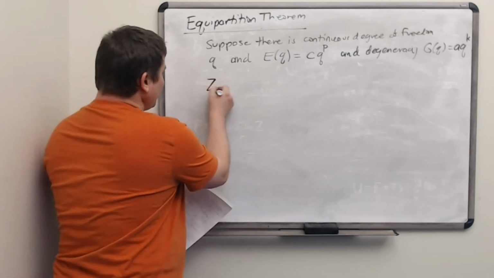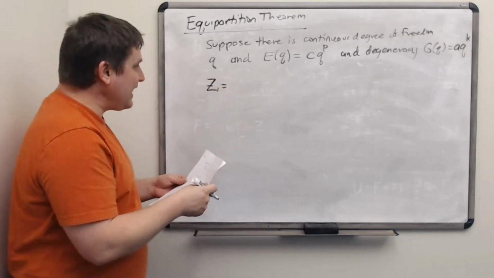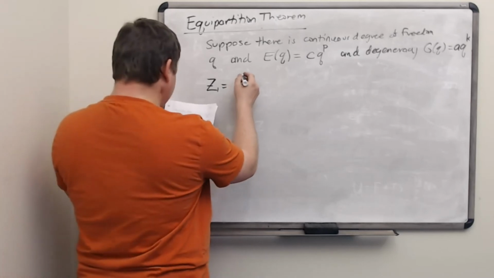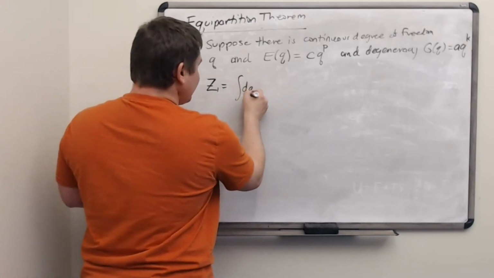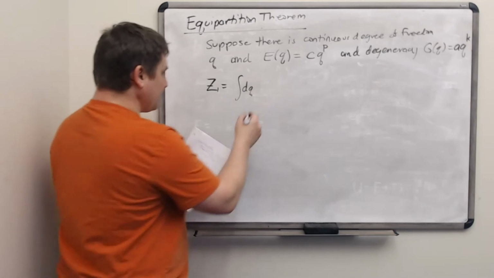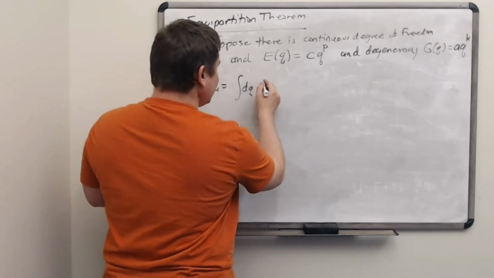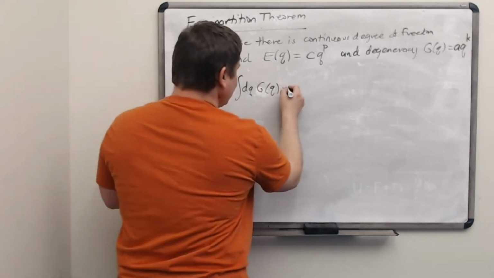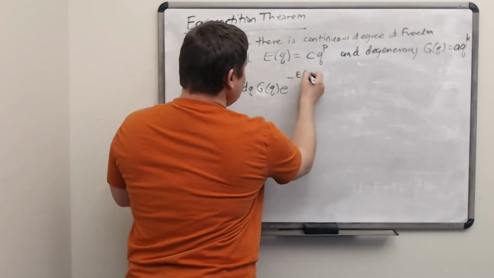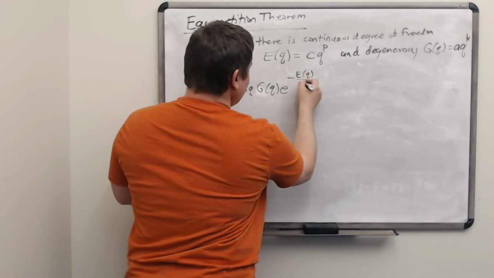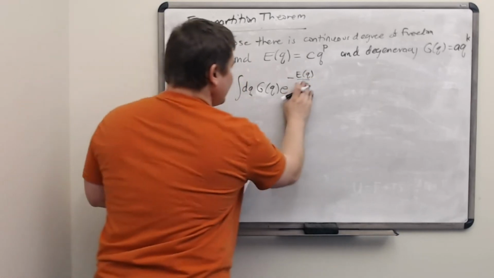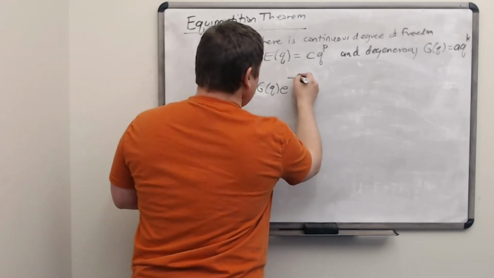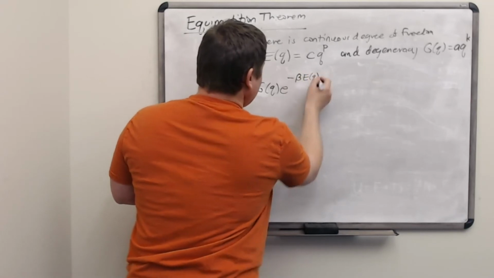So the partition function of just this degree of freedom on its own would be to integrate over Q, over all possible values of Q, the degeneracy function times e to the minus E over kT. I'm going to write this as beta EQ.